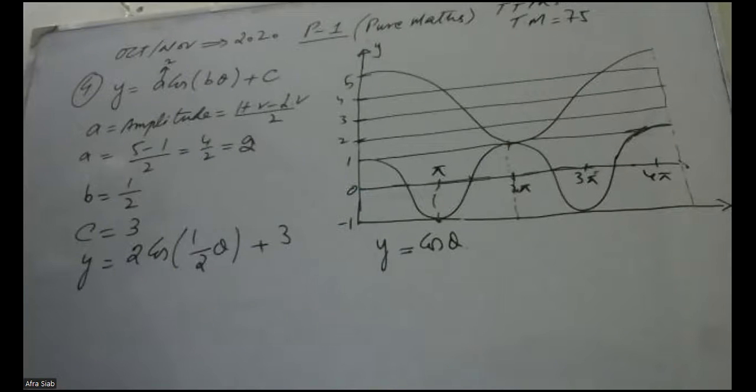So it has vertical, horizontal, and upward translation for this curve there, where y is equal to 2 cos half theta plus 3. So C is 3 because it is shifted to 3 units from 2 to 5. So that means what? C is equal to 3 for this curve.